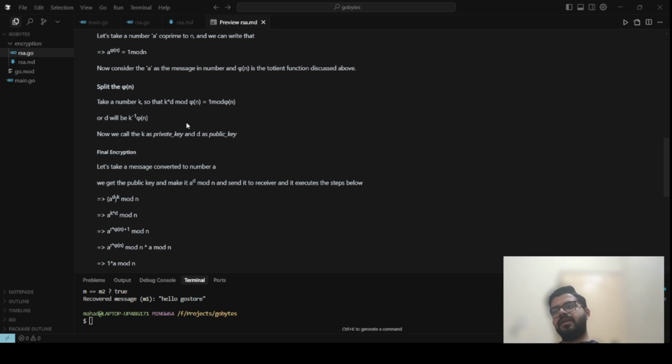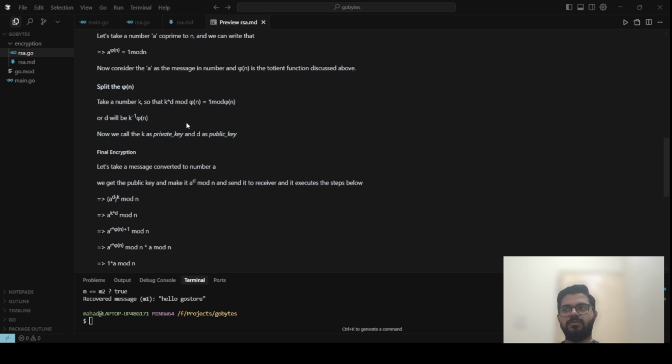So we take an arbitrary number k, and we need a d such that d is the inverse of k mod phi of n, right? So k times d mod phi of n is equal to 1.